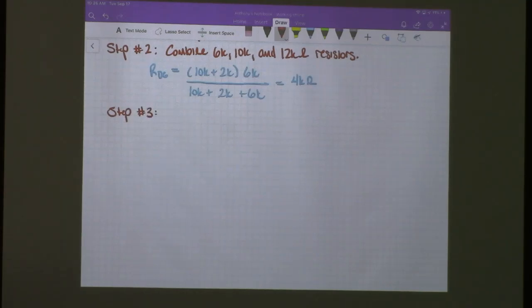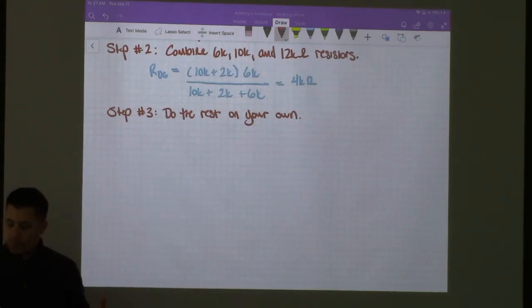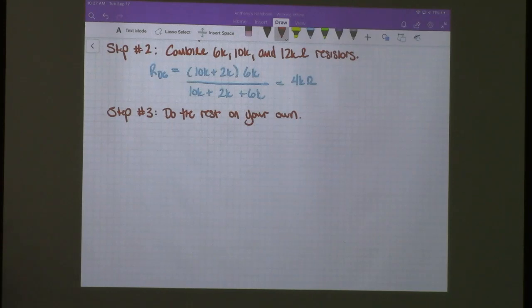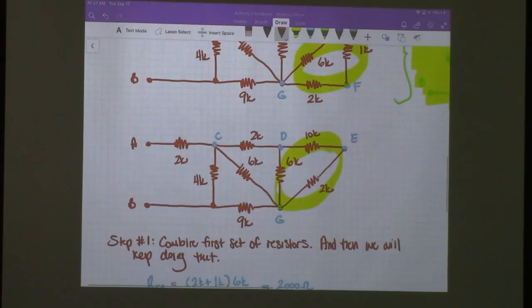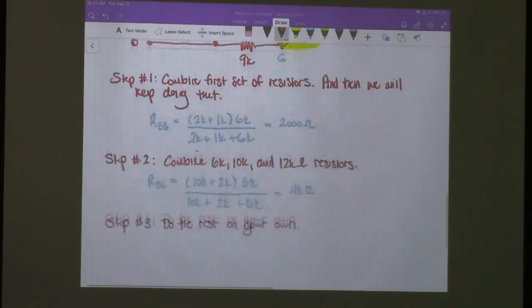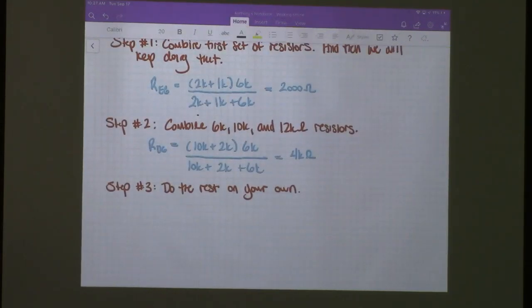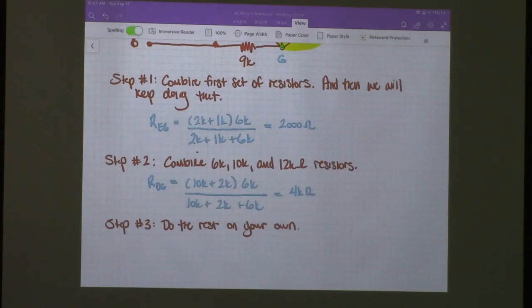All right. I'm going to say do the rest on your own only because this is a long problem and we're doing the same thing over and over again. I hope that you guys will all finish this. I will redraw the circuit one last time.